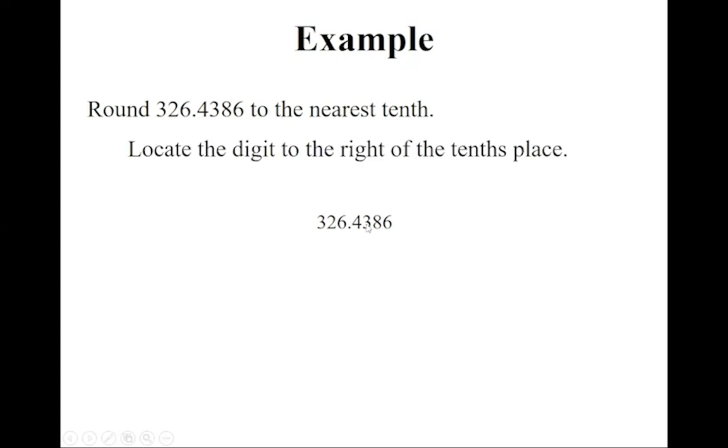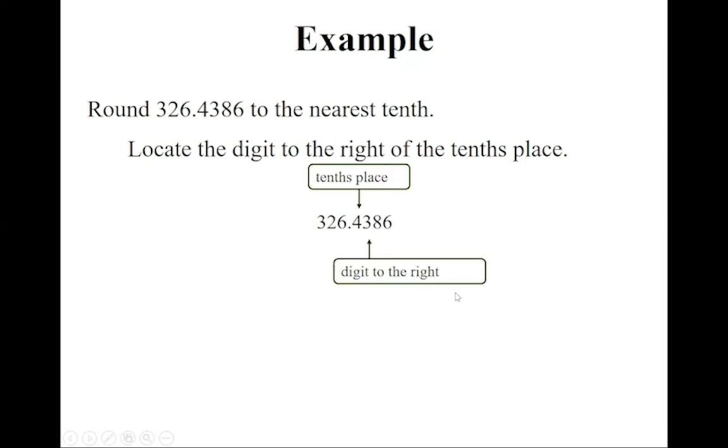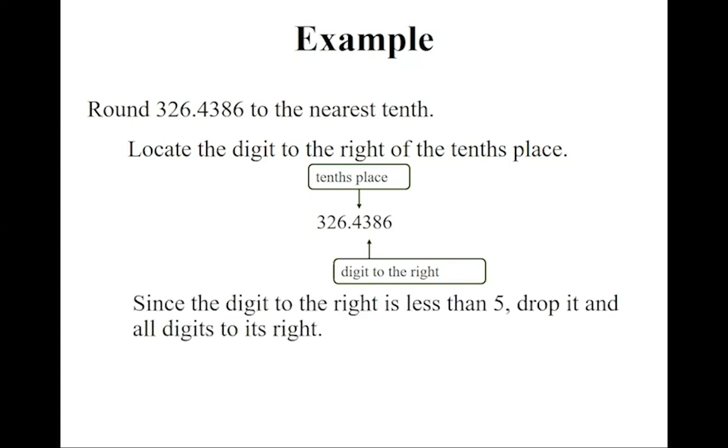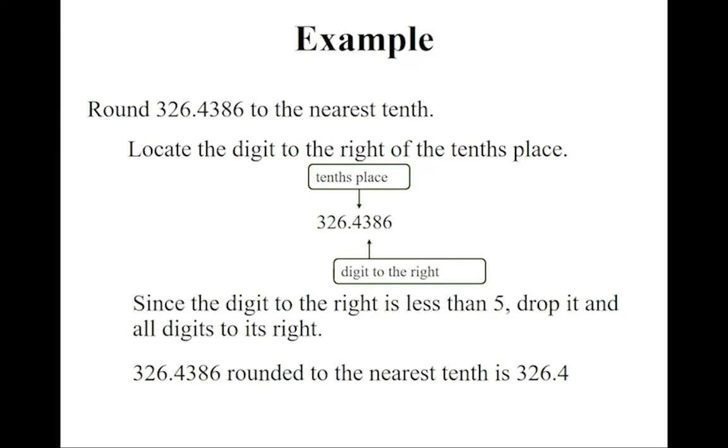Locate the digit to the right of the tenths place. That's a 3. It is not 5 or greater, so we just drop it and everything to the right. 326.4. 326 and 4/10 is that number rounded to the nearest tenth.